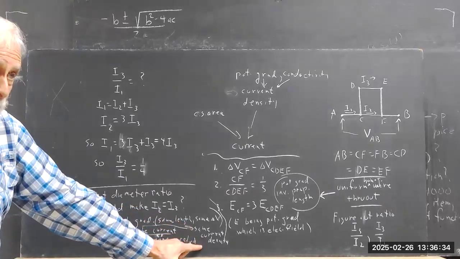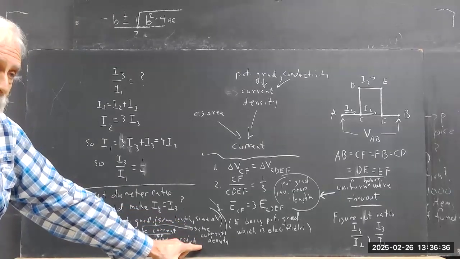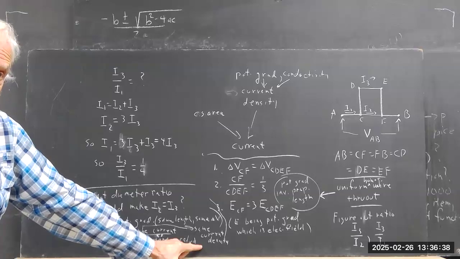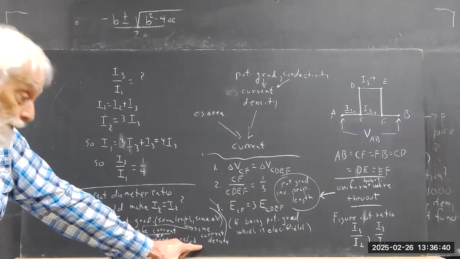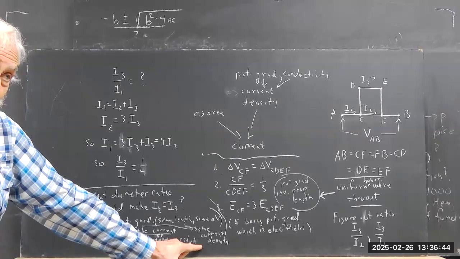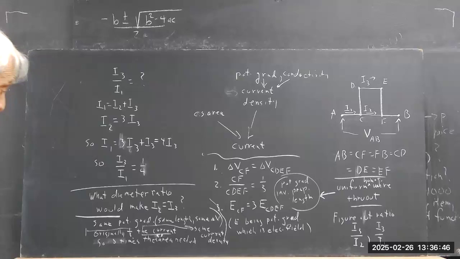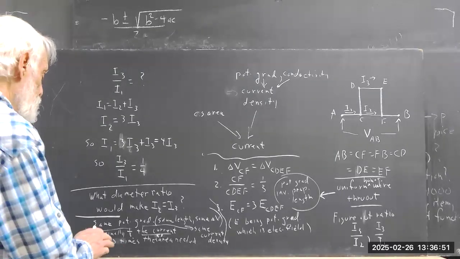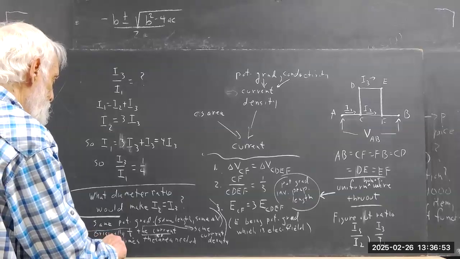So you have the same current density, since the current density in homogeneous wires, and they're still homogeneous, is directly proportional to the potential gradient. So you need 3 times the area.